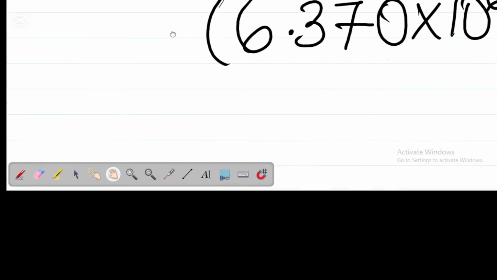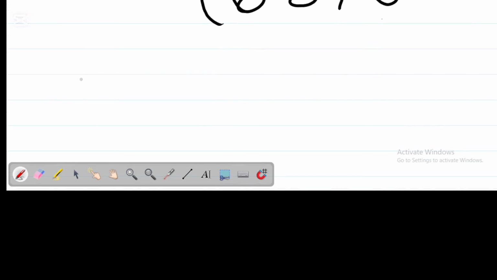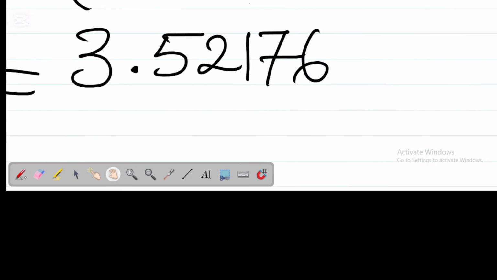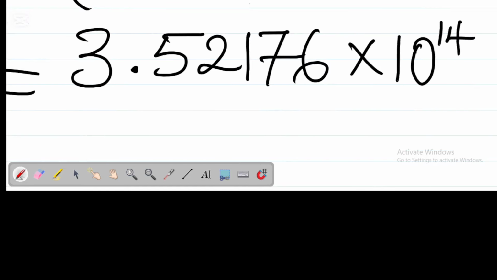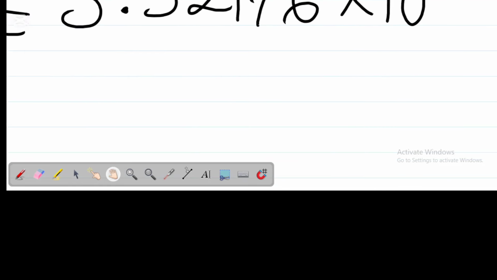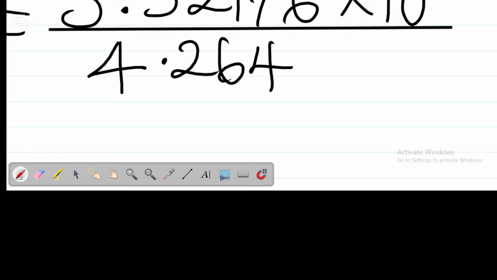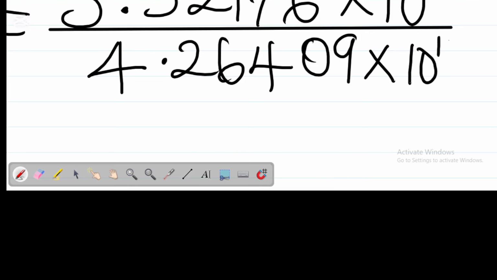If you punch your calculator, it would give you 3.52176 multiplied by 10 raised to power 14, all over, we have here 4.26409 multiplied by 10 raised to power 13.